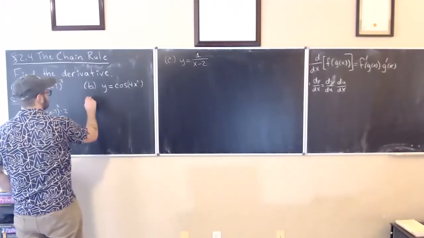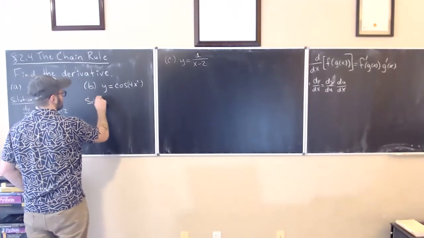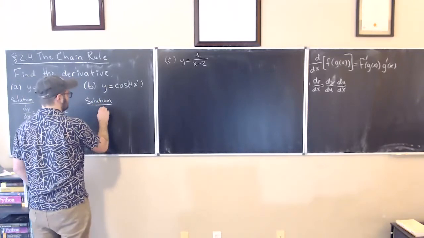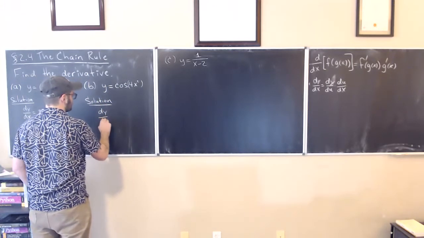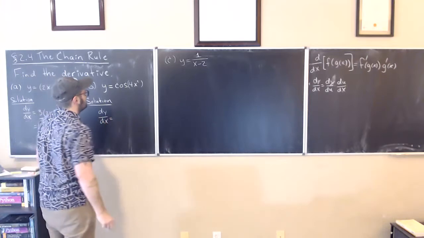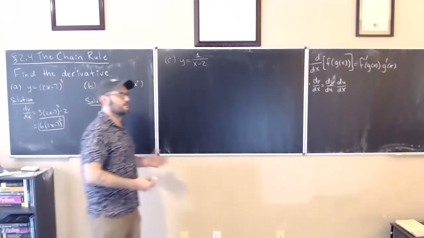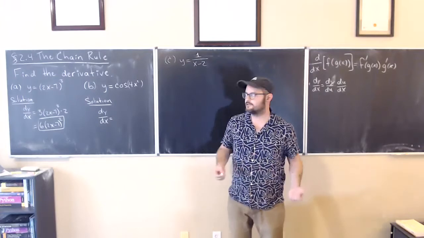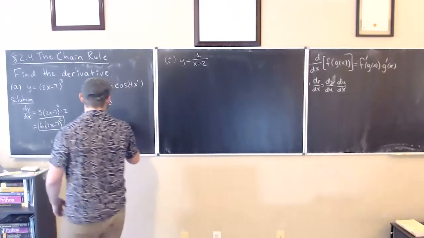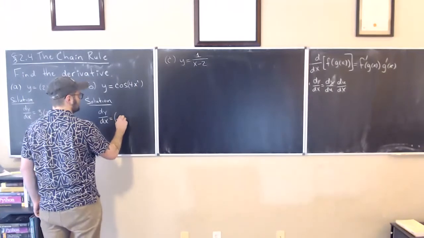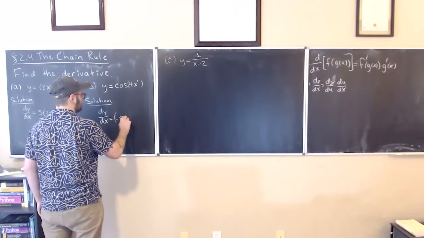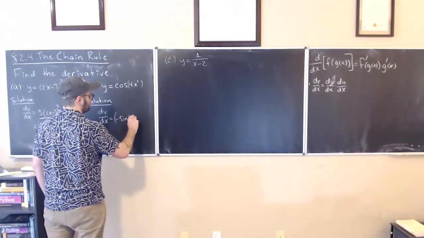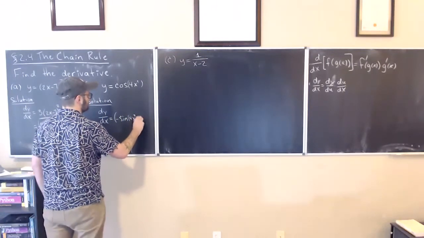So then here, dy/dx. The derivative of the outside, so the derivative of cosine u is negative sine u. So negative sine of u, and u is 4x squared.